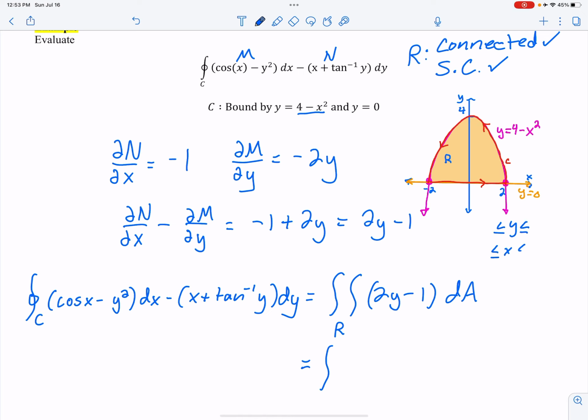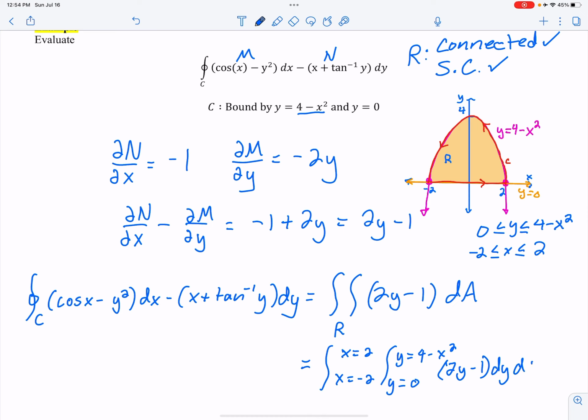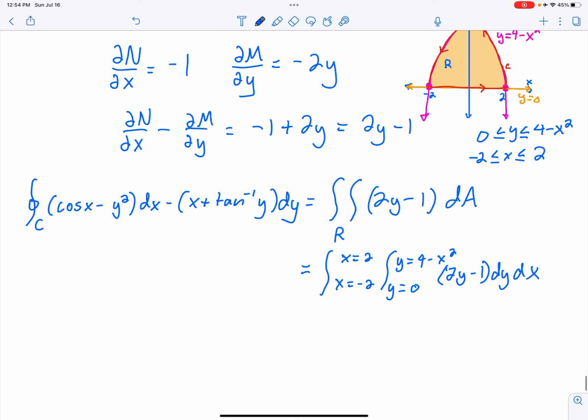X, I would have to turn things sideways and it gets gross. This goes from 0 up to 4 minus x squared, and then this goes from -2 to 2. So x is -2 to 2. Y is 0 to that parabola. And then I put 2y minus 1 inside here, put my bounds where they go, dy dx, and then it's just a nice, pretty double integral.